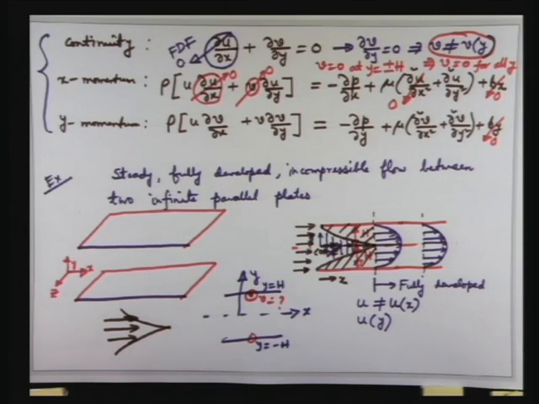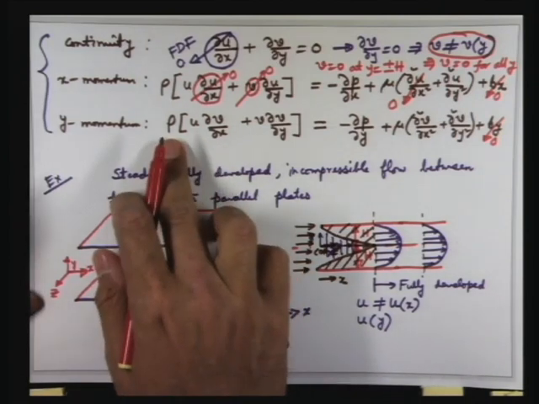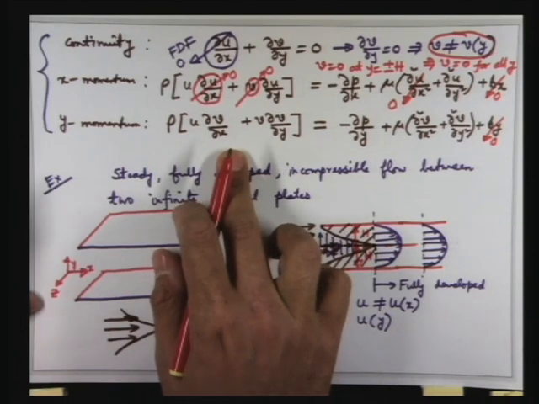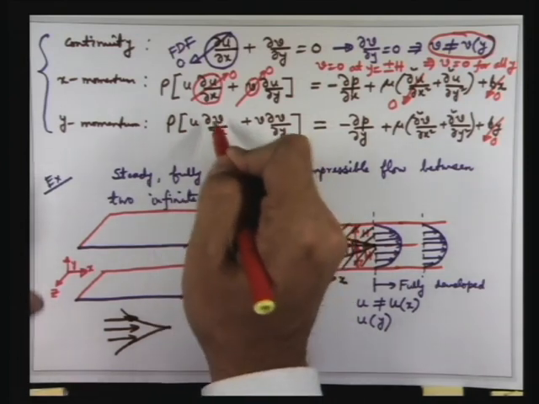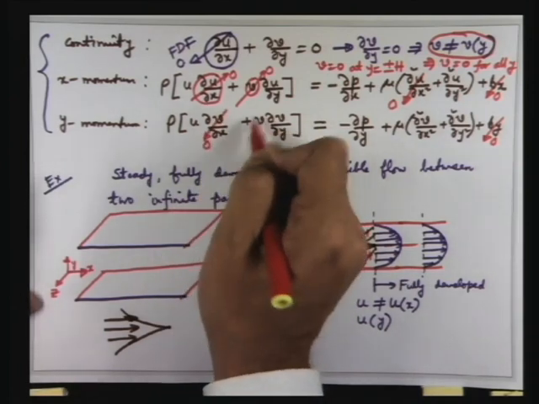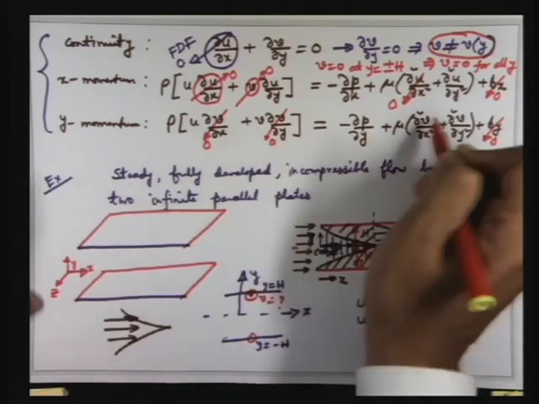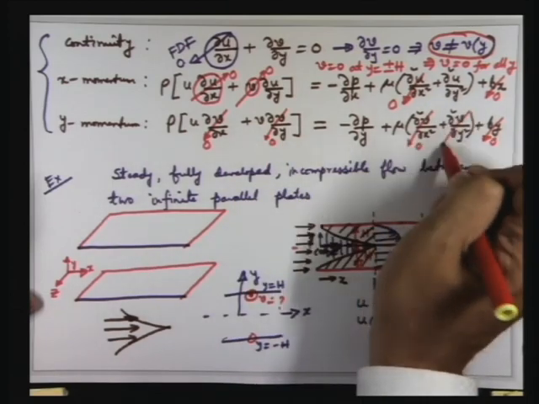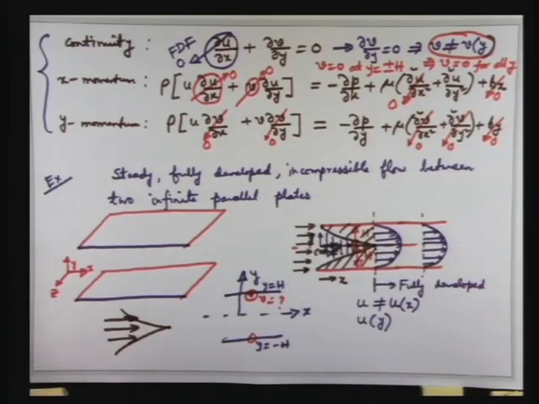Now let us come to the y momentum equation. In the y momentum equation, because V is 0, these terms are all 0. So if there is body force along y direction, you can argue that gravity may be acting along either positive y or negative y direction.